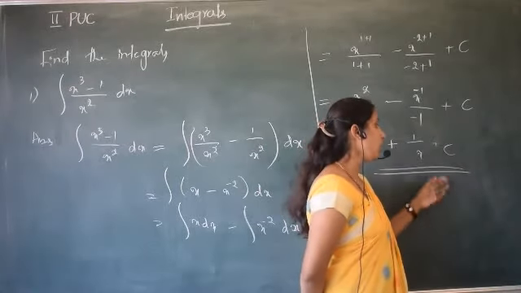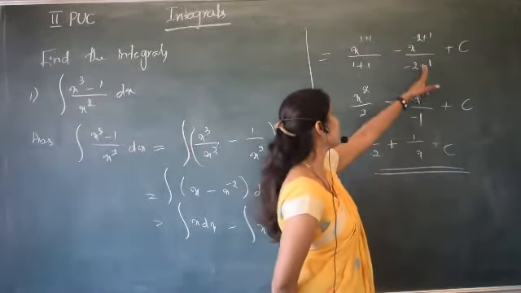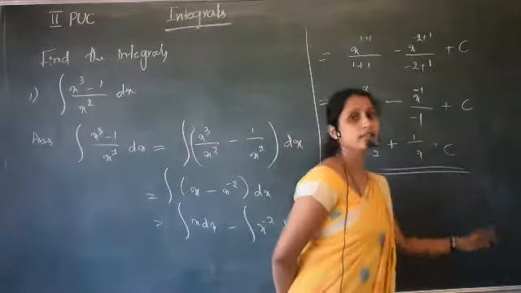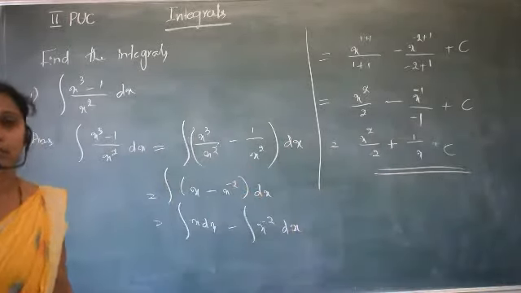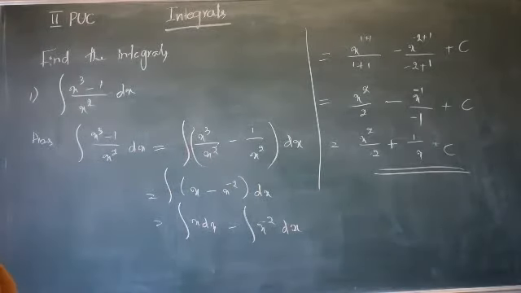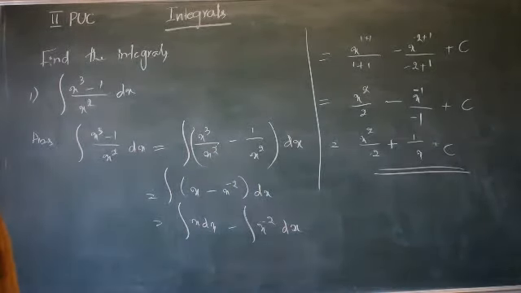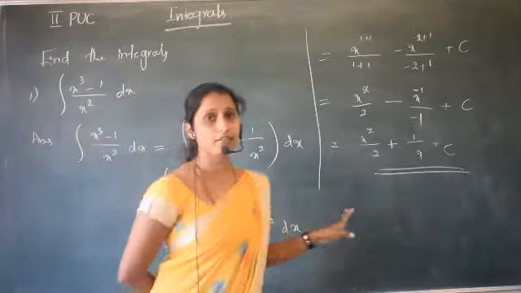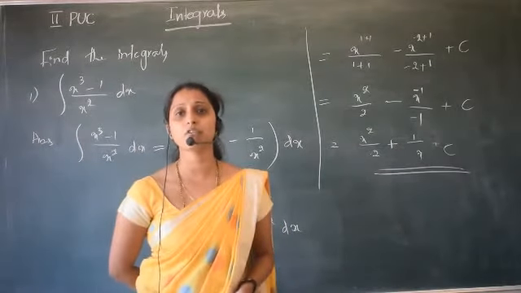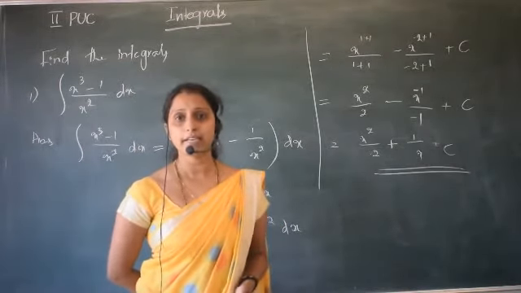So we can take c1 and c2 and finally take them together as c. That can also be done. So this is one of the problems of finding an integral value. Similarly we can solve many problems of this kind, only by using the basic formulas of integration.